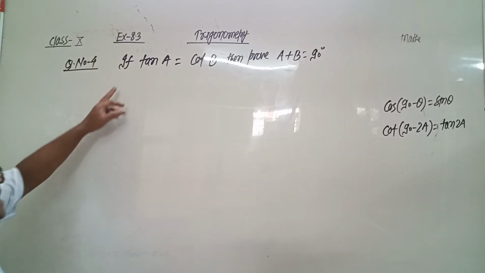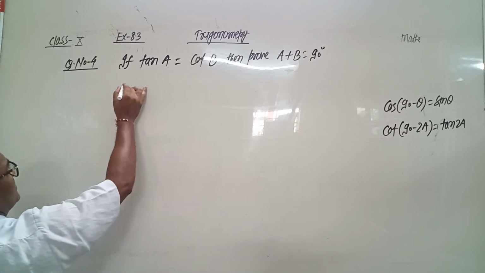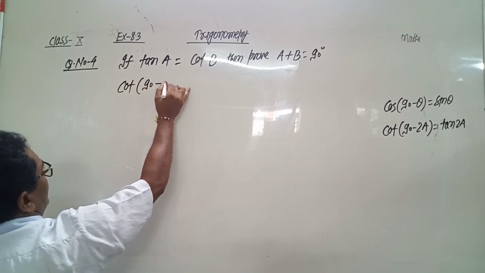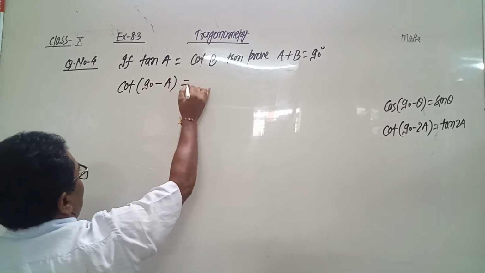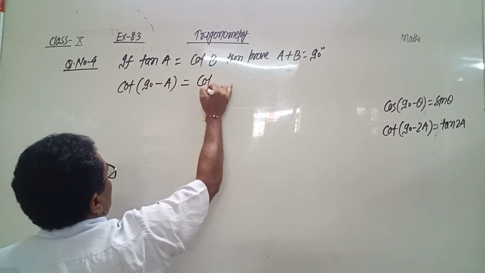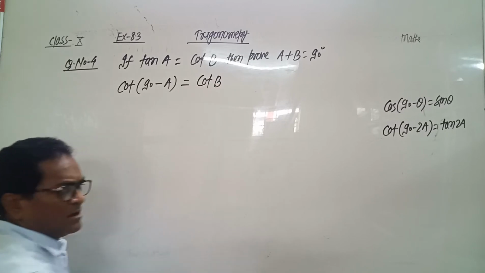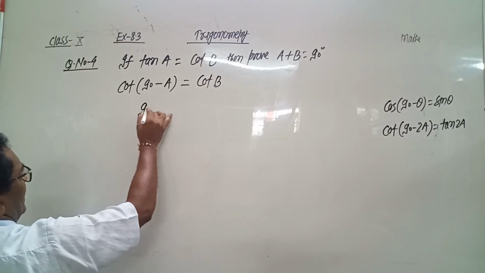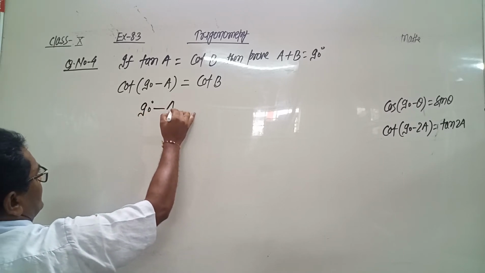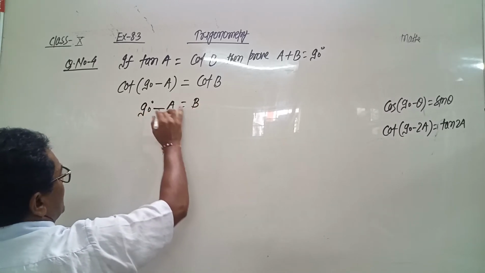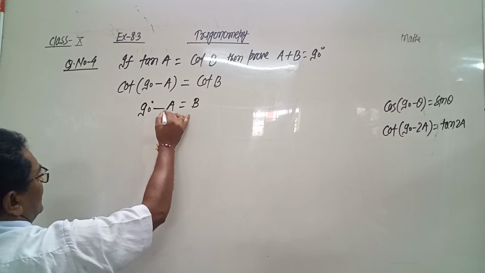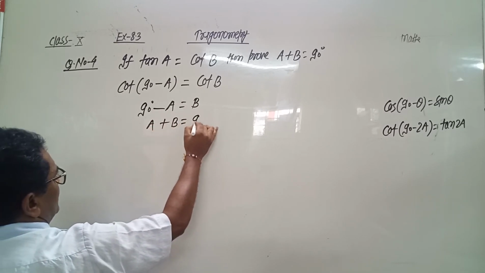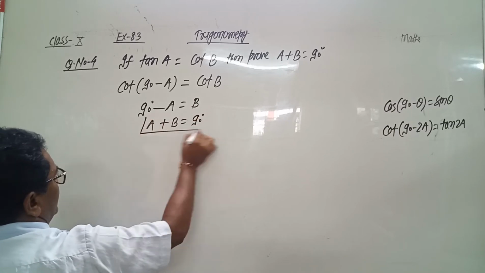So again tan A can be written in terms of cot. Tan A is written as cot of (90 minus A), equals cot of B. From both the sides cot gets cancelled and we get 90 degree minus A equals B. Minus A will go on the right side, it becomes plus, so it gives A plus B equals 90 degree.